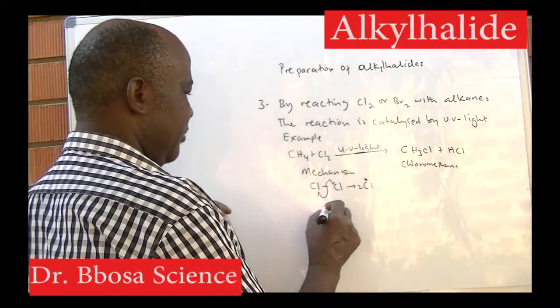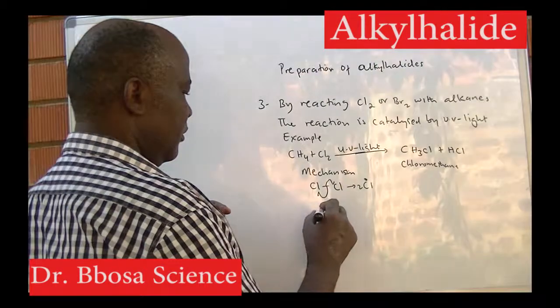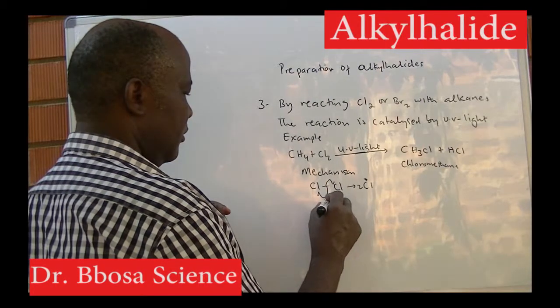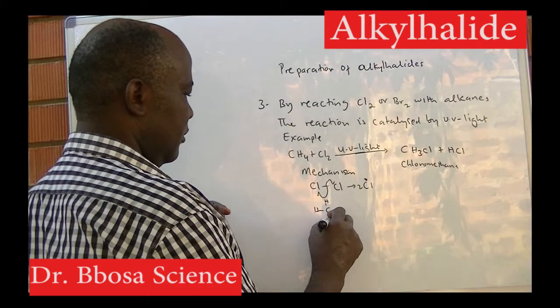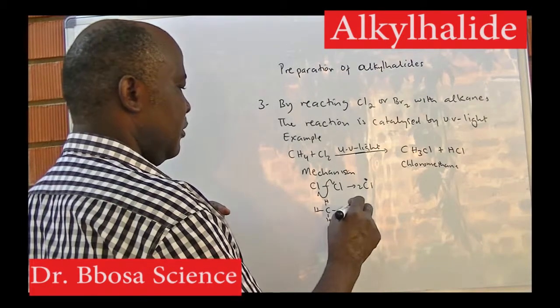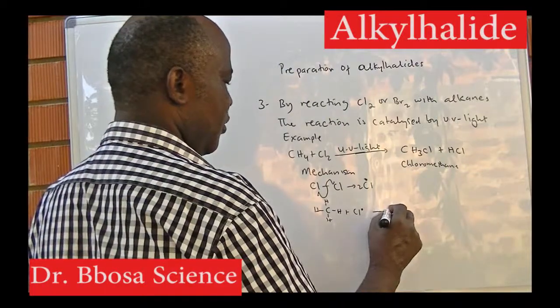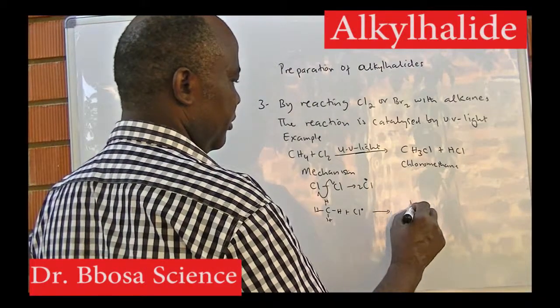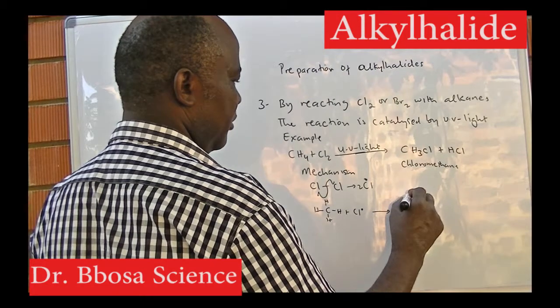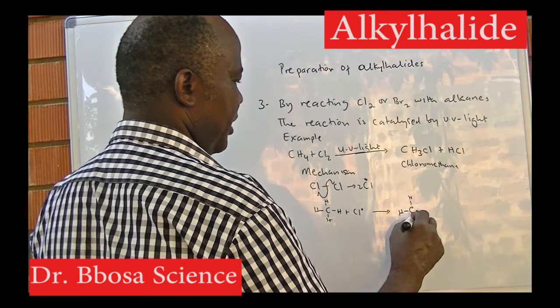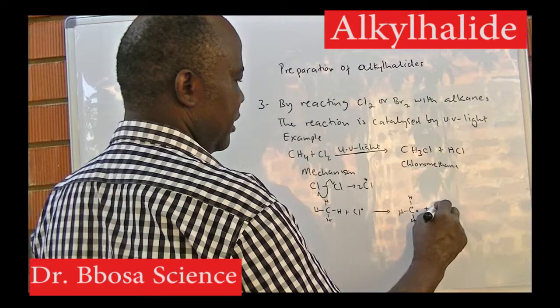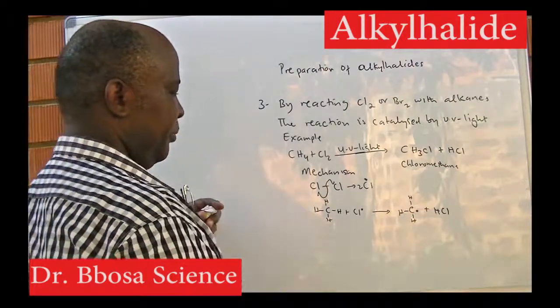Then the methane will react with the chlorine radical to form a methyl radical plus HCl.